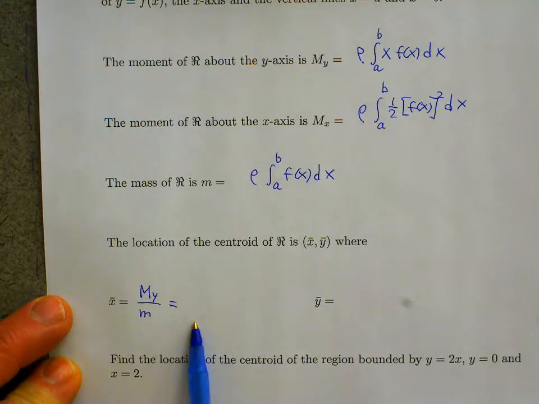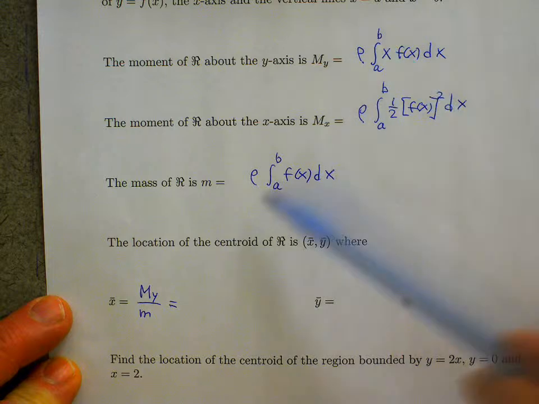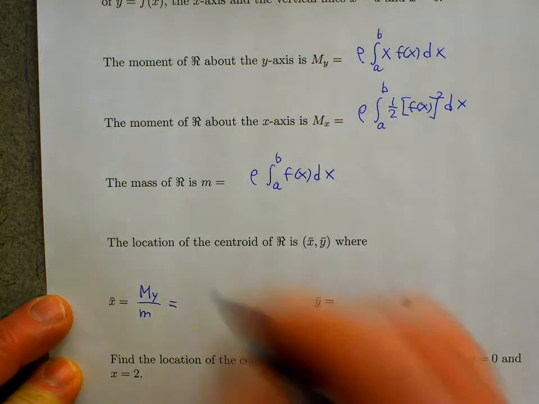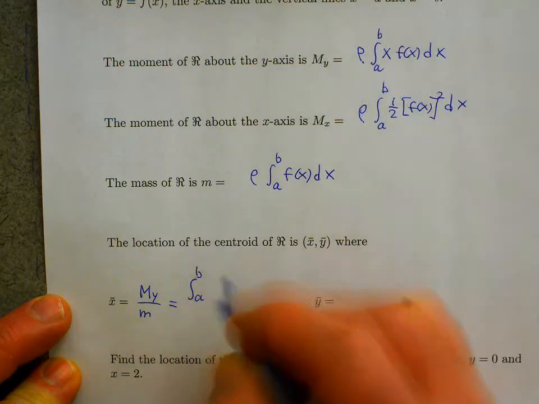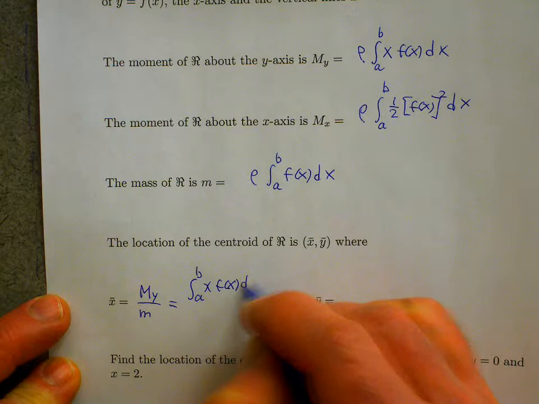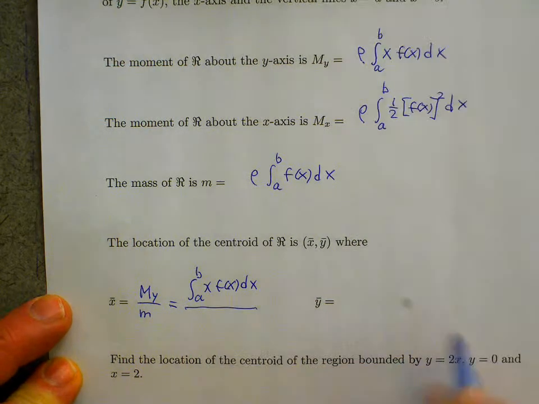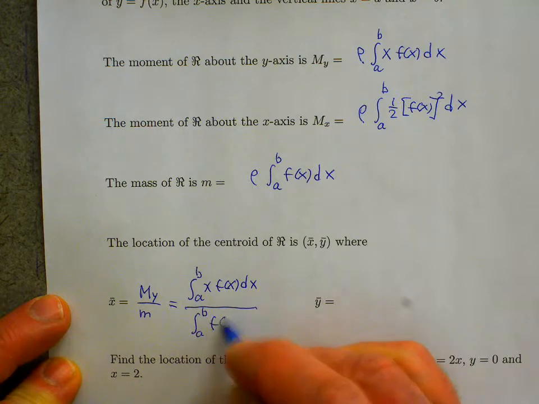And we'll write it down after the rhos cancel. So in the numerator, the definite integral from a to b of x times f of x dx, and in the denominator, the definite integral from a to b of f of x dx.